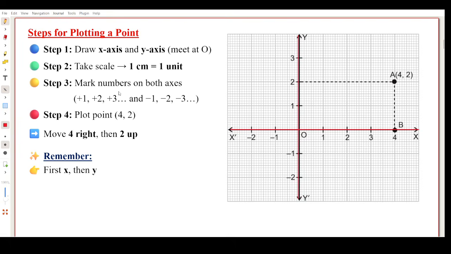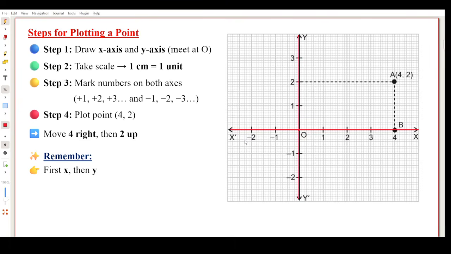Next, you mark the numbers on both axes. This is 0 comma 0, the origin. The right side of 0 on the x-axis is positive and the left side is negative, so -1, -2. Similarly, above 0 on the y-axis it is positive and below it is negative.